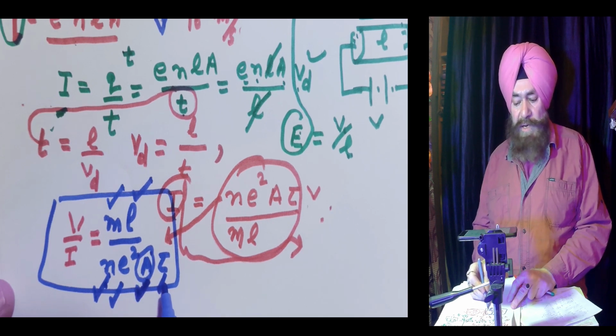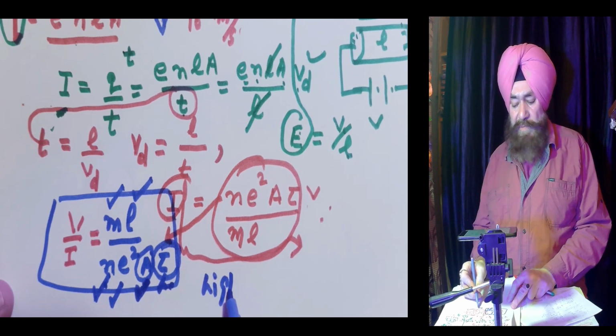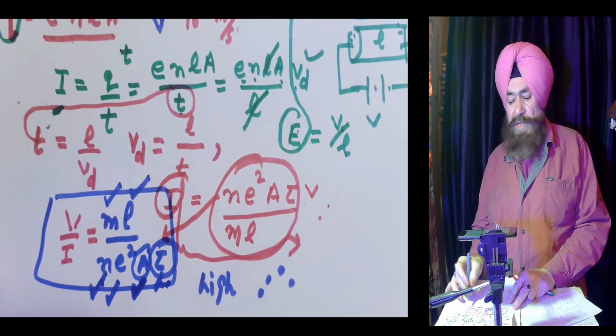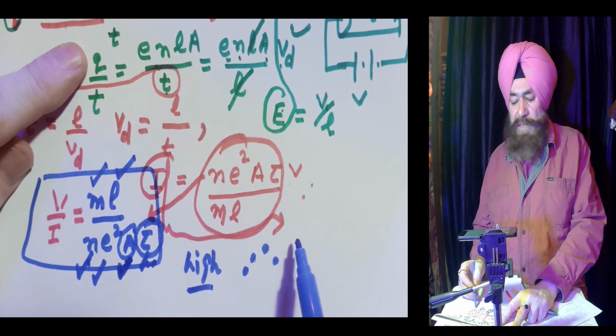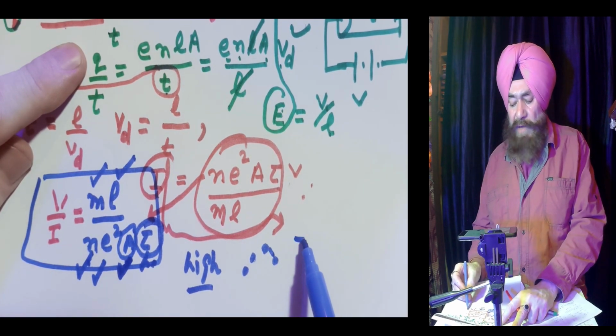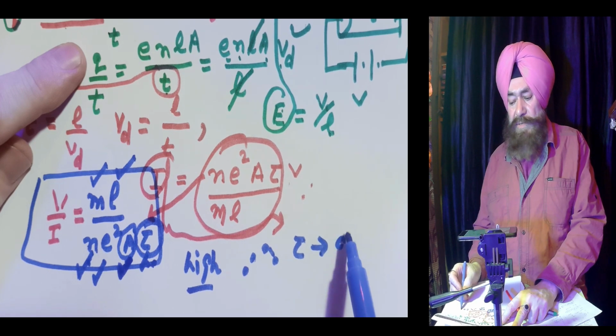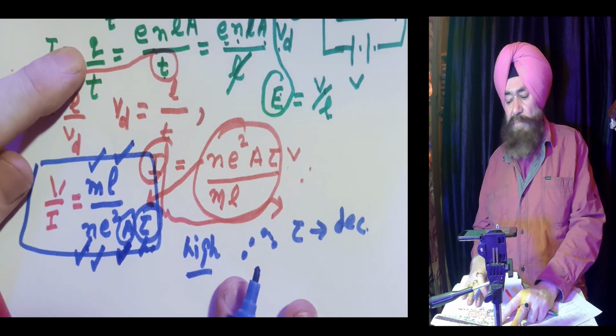Tau, relaxation time. Relaxation time means time between two collisions. This time depends upon the temperature. If the temperature is high, then the electron will collide more frequently. There will be more collisions, and the time between collisions decreases for high temperature.